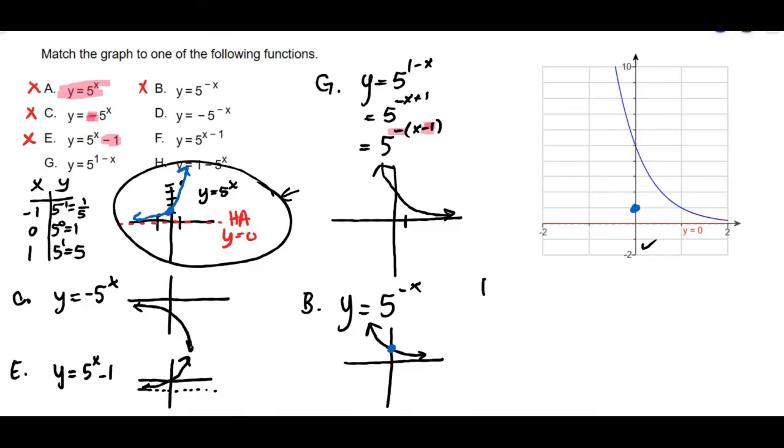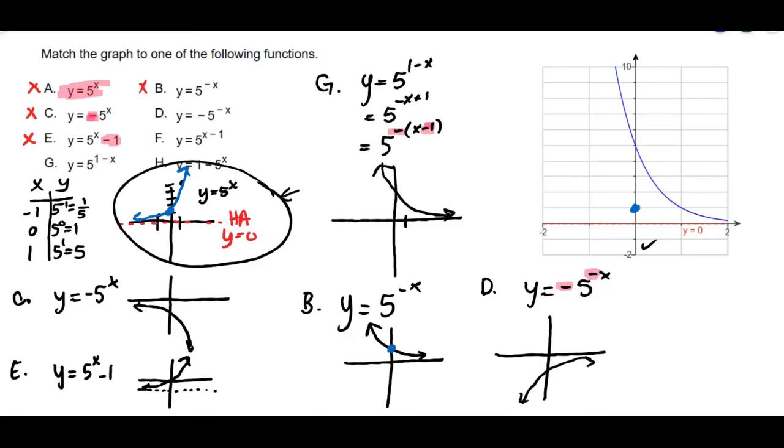And then for D, that's y equals negative 5 to the negative x. So this negative will reflect vertically, and this negative will reflect horizontally. So that would give us a picture like this, if we reflect both vertically and horizontally.